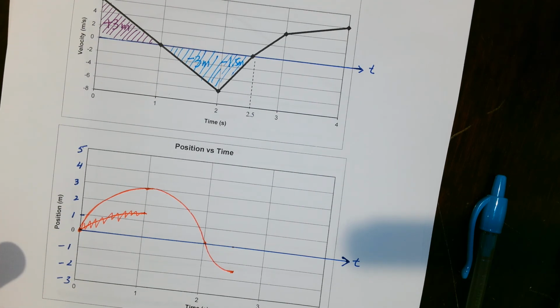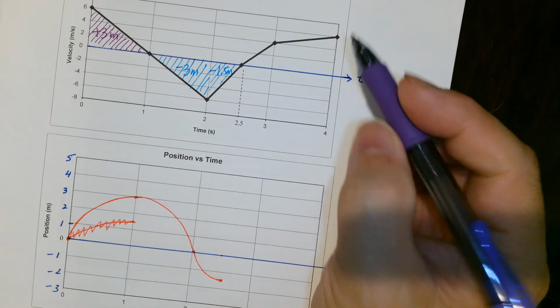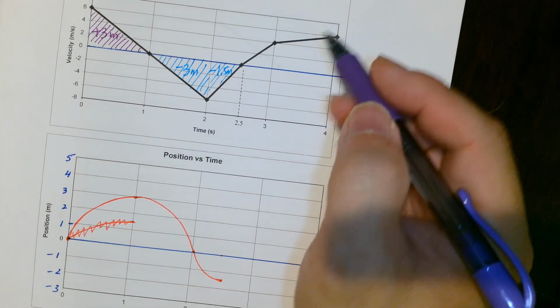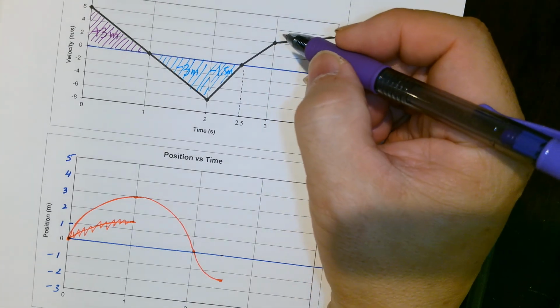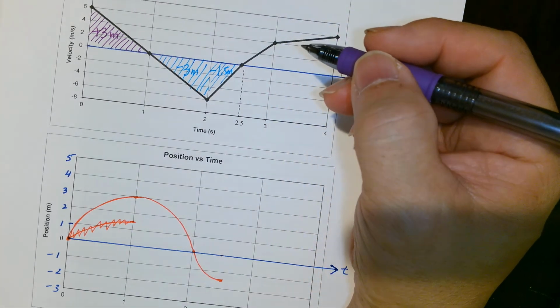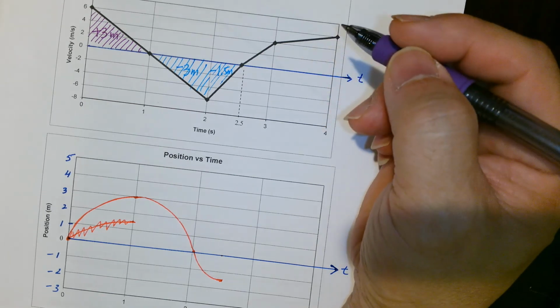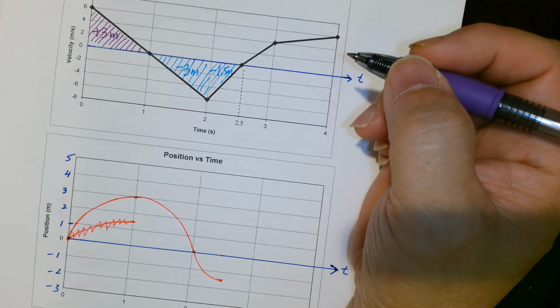So it's going to flatten out and it's going to be one of these curves. Then, what about from 2.5 to 3? Which way is it going? Come on, everybody, together, in synchronous way. Positive direction. How is it going? Speeding up.